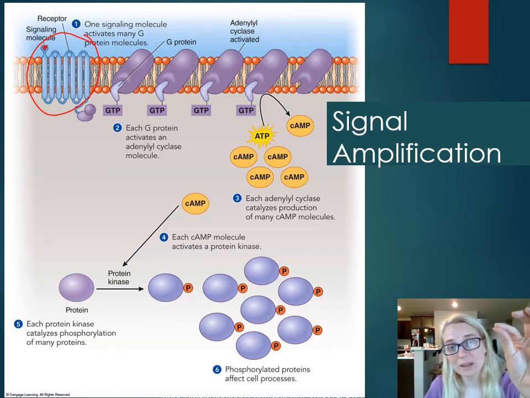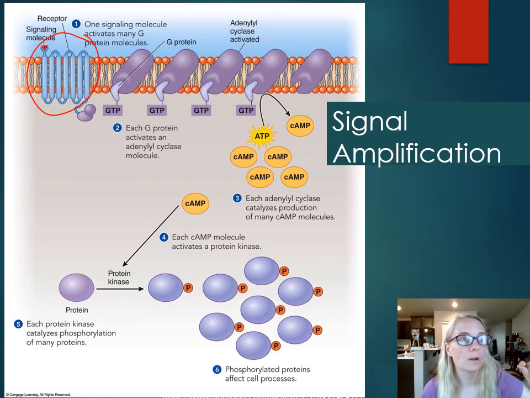So one hormone, say epinephrine or insulin or whatever the ligand happens to be, just one could result in this huge signal amplified inside of the cell. And that's one of the ways the cells can be very efficient. If we need a quick response, just increase those different parts of this transduction pathway and you'll get a huge response.